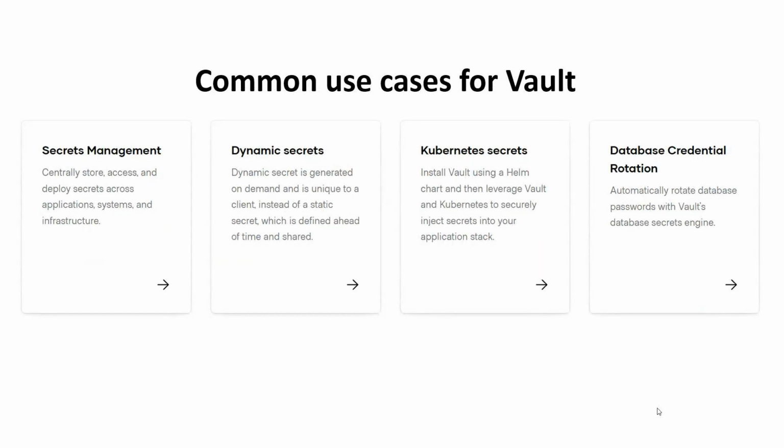But Vault also helps you with dynamic secrets. Dynamic secrets means it will generate a secret and update the application, and you have that possibility too. It can manage your Kubernetes secrets also, and it can rotate the database password also. So many functionalities Vault has.